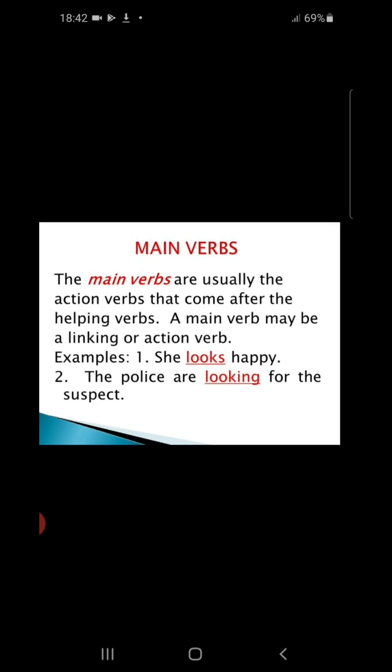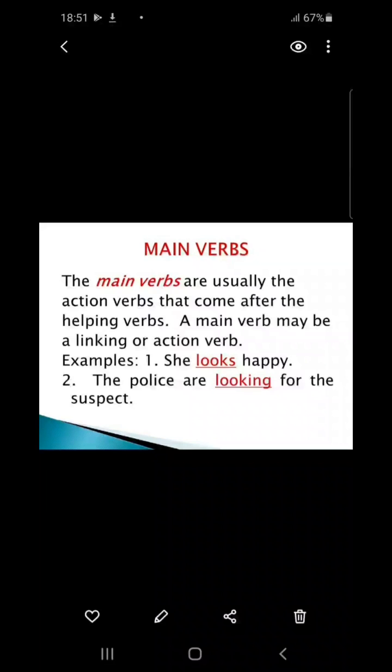Because she is in third person singular number, or the subject she is basically third person and it is singular in number.